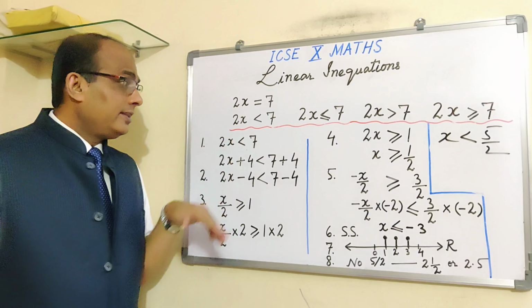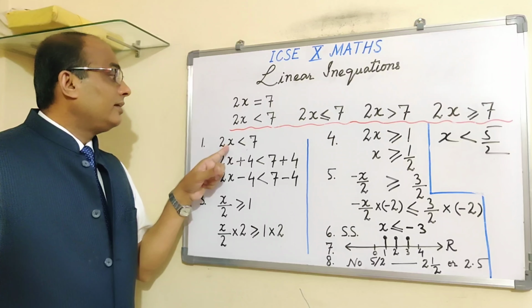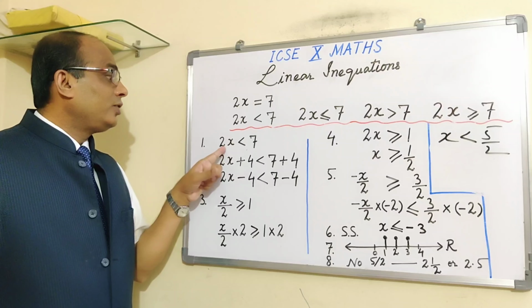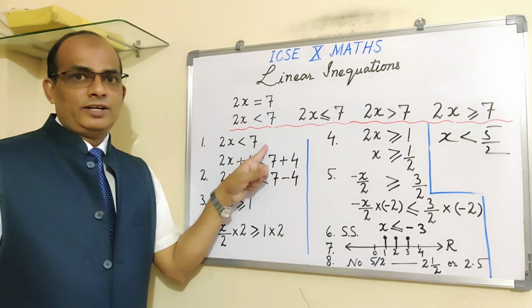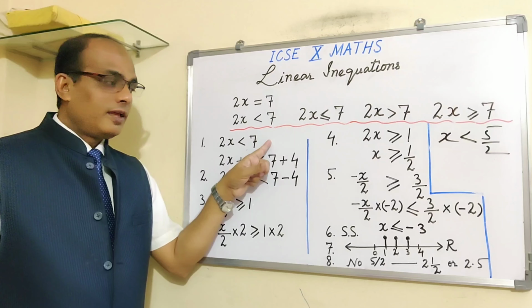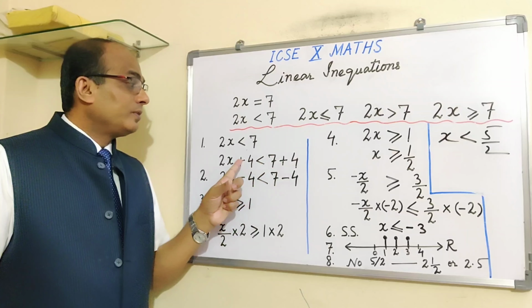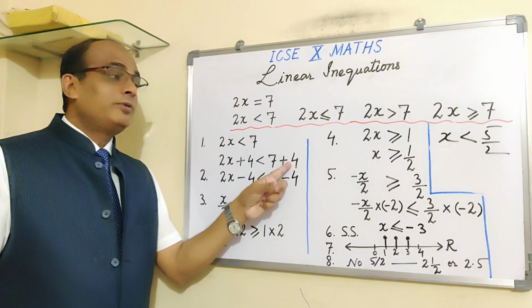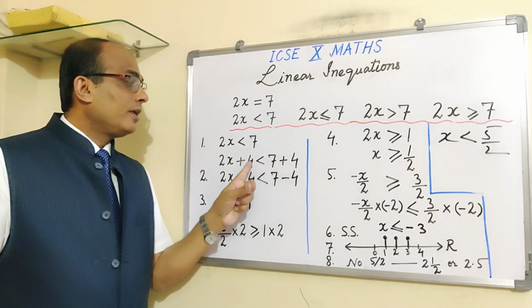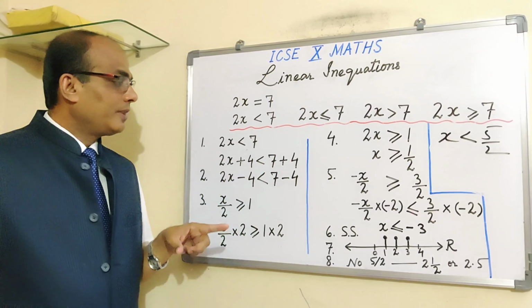Okay. Now here are the important points. The first point: I have taken one inequation, 2x is less than 7. I am adding the same number 4 on both sides of the inequation.